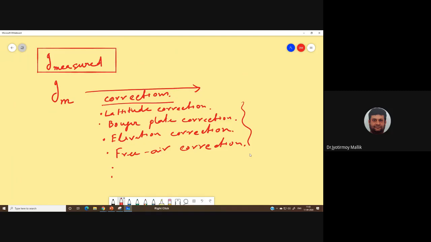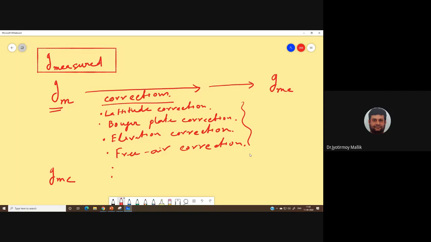So we measure a value at a particular point, we take it through certain corrections, and then what we get we can call GMC, that is, g measured and corrected.